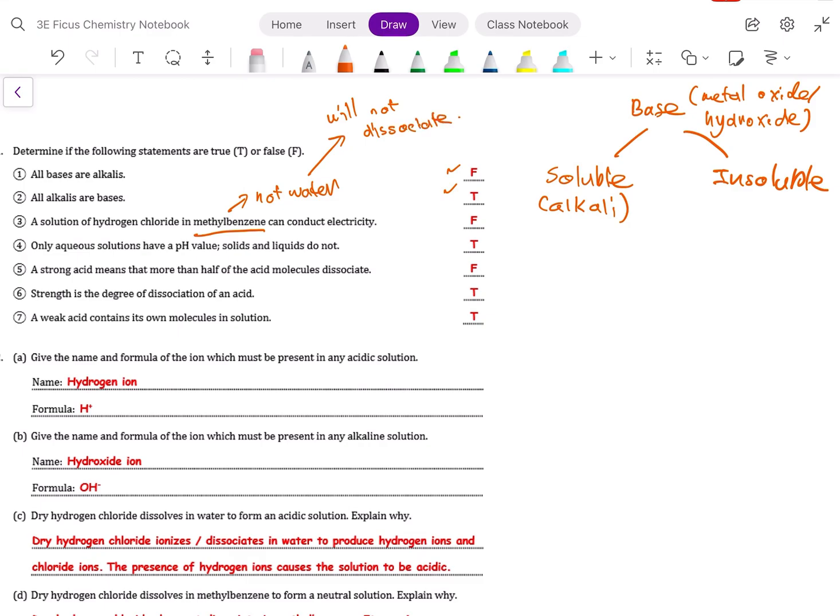Only aqueous solutions have a pH value, not solids and liquids. This is true, because you need water for the dissociation of H plus and OH minus to happen from acids and alkalines respectively.